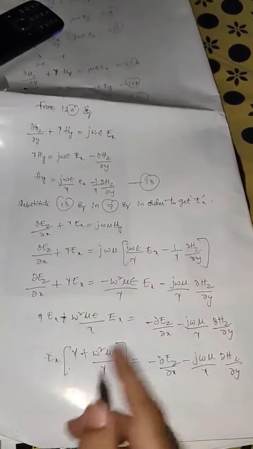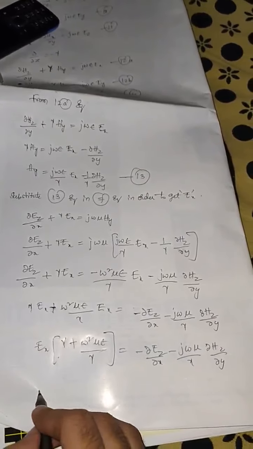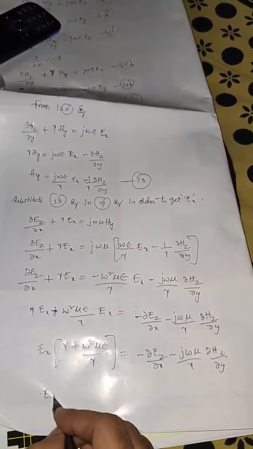In the next step we take the LCM on the left side of gamma.